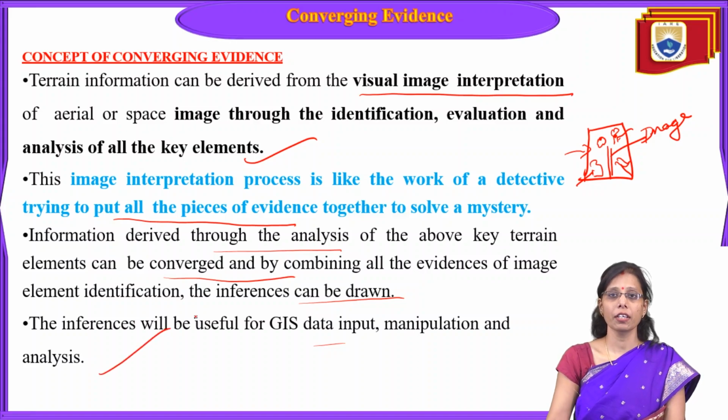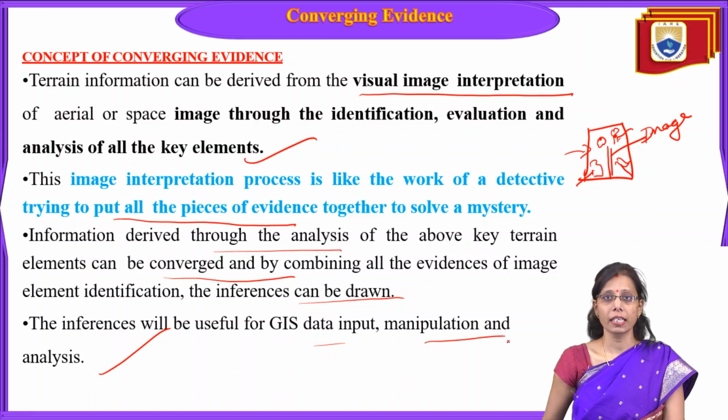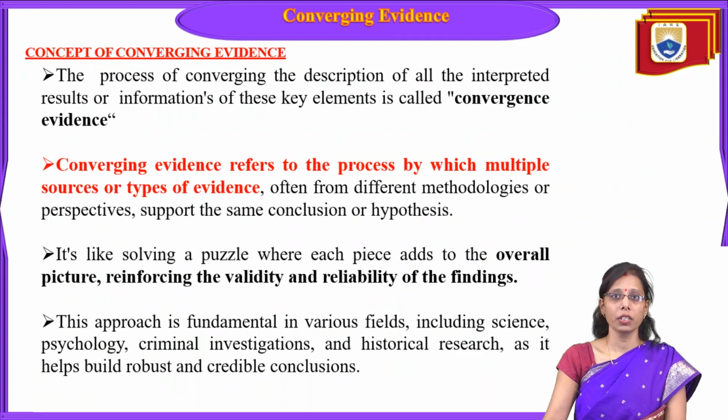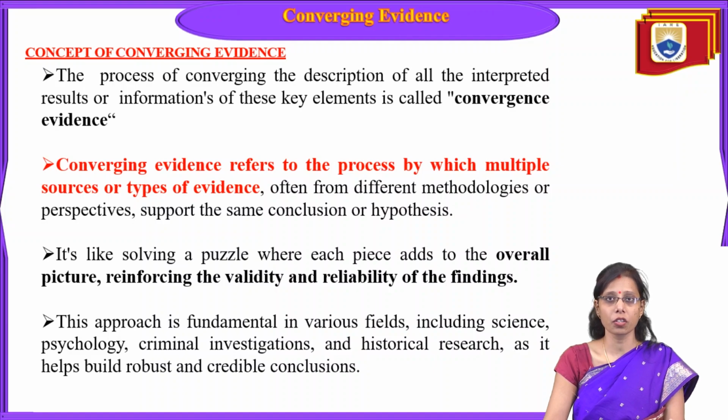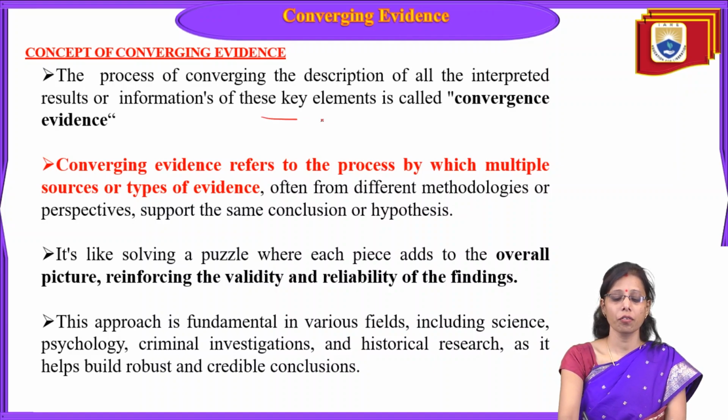So the interpreter will identify all the evidence, put it in a single image, and then come to a conclusion. They can then go ahead with GIS, input the data, and carry out manipulation and analysis of that particular terrain. So converging evidence is the process of converging the description of all the interpreted results or information of the key elements.